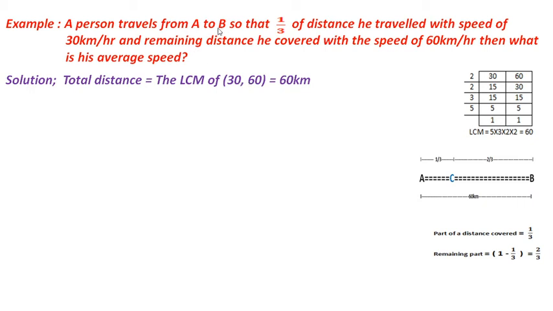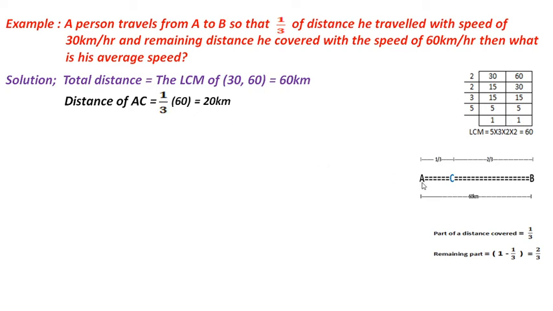between A and B. In the next step, the distance of AC. You got a total distance of 60 km from A to B, so 1/3 of 60 gives the distance of AC. That is 1 by 3 into 60, which gives 20 km.